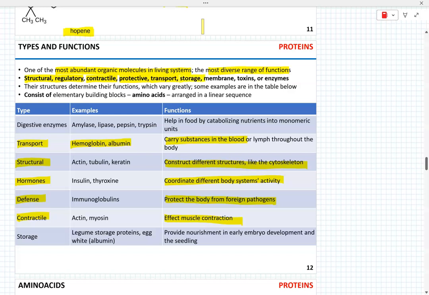They can provide storage. Egg white or albumin stores nourishment for the embryo development, or storage proteins of legumes provide the nutrients for the development of the seedling.